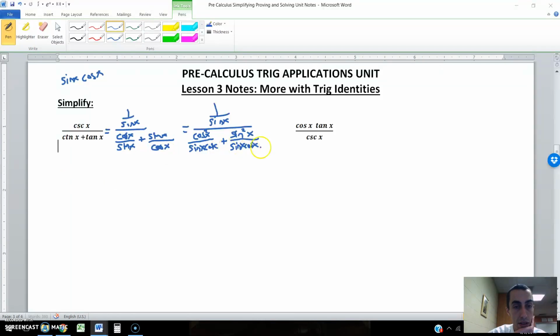Now, I'm going to continue down in this row. Top remains the same. Add these two fractions together. Use our common denominator. And then we've got cosine squared of x plus sine squared of x.